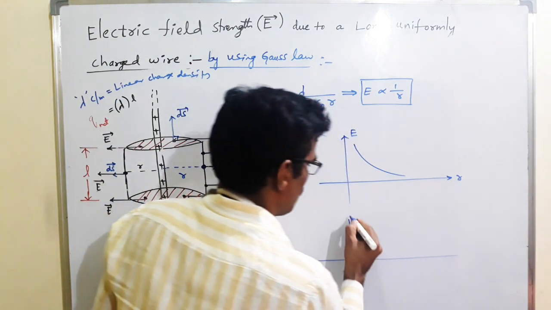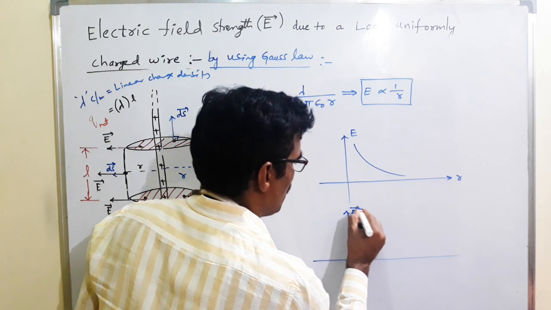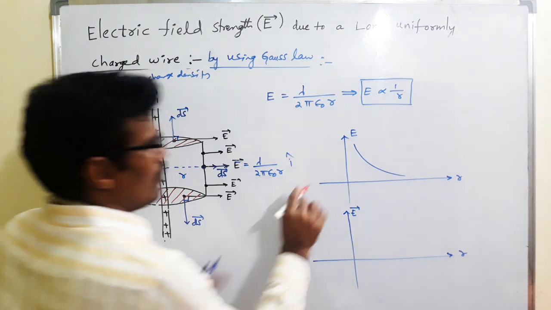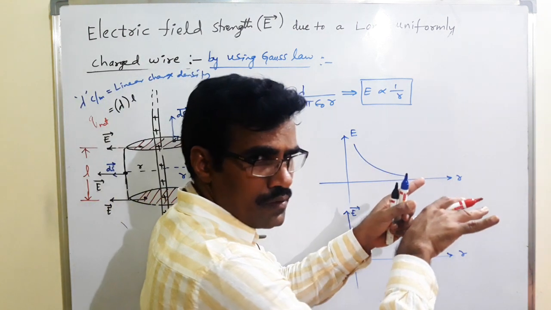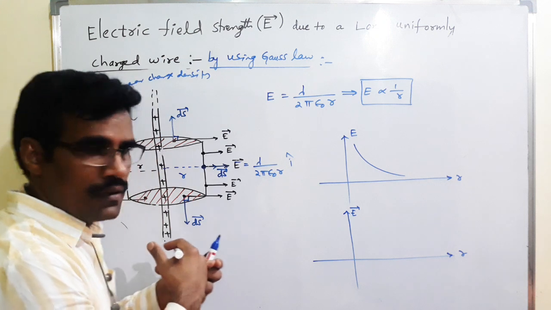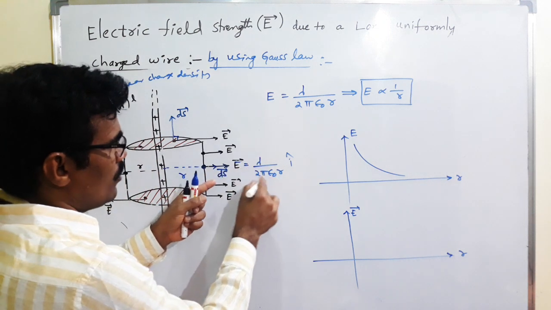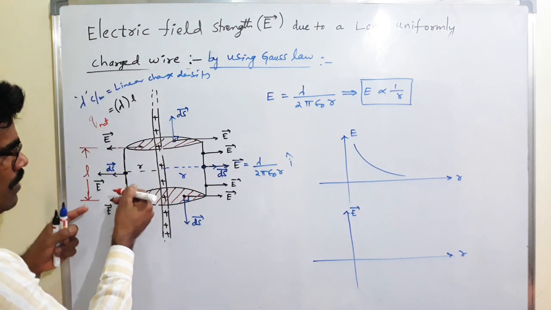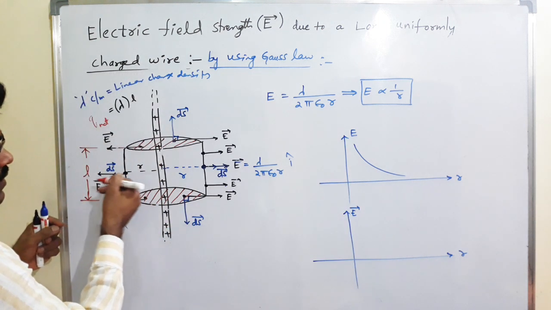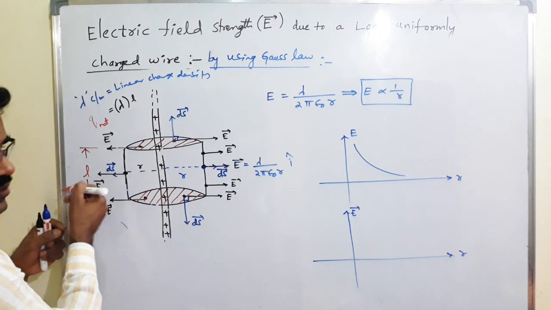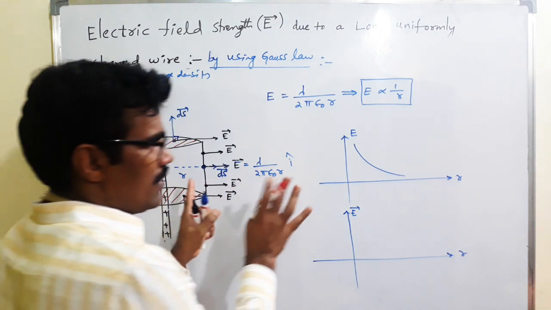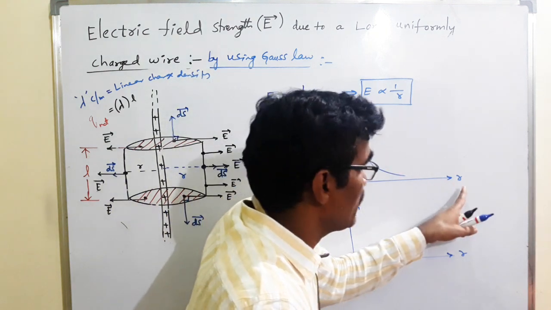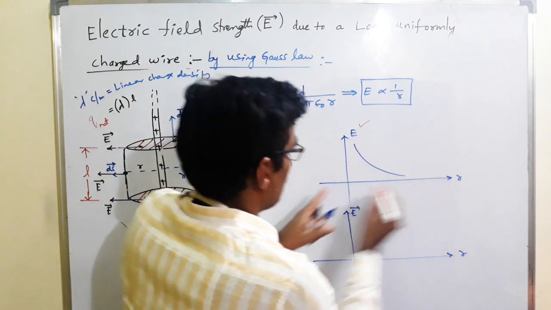On the right side, the field is lambda by 2 pi epsilon naught r in the i cap direction; on the left side, it is in the minus direction. Magnitude-wise the field is the same. So the graph between the magnitude of the electric field and distance is this one on the right side.